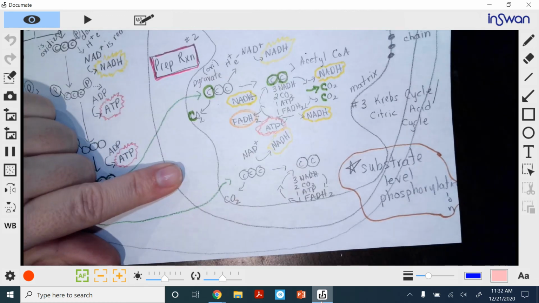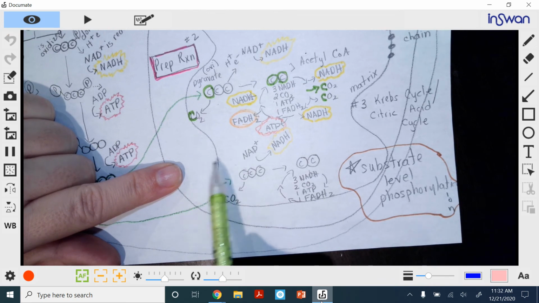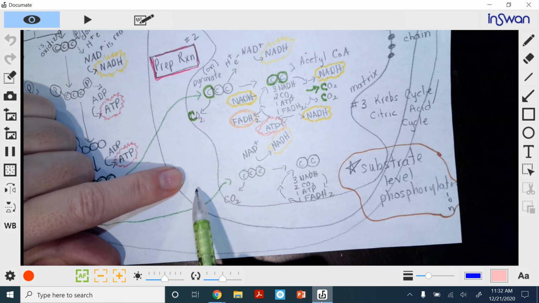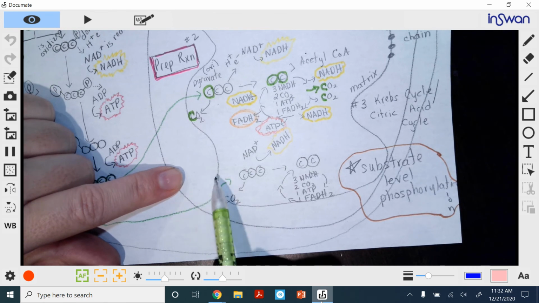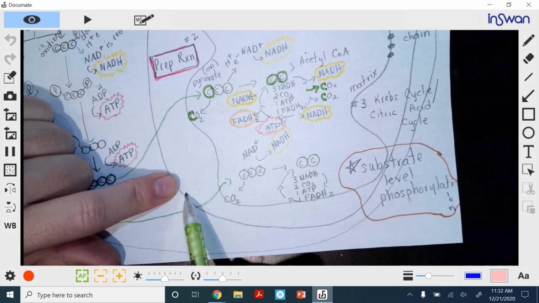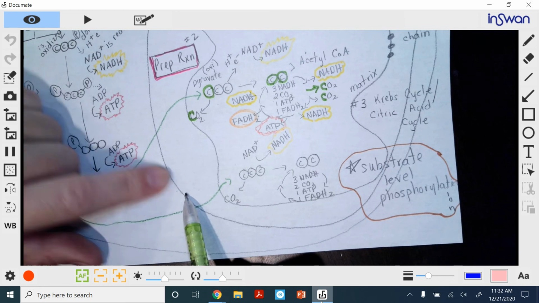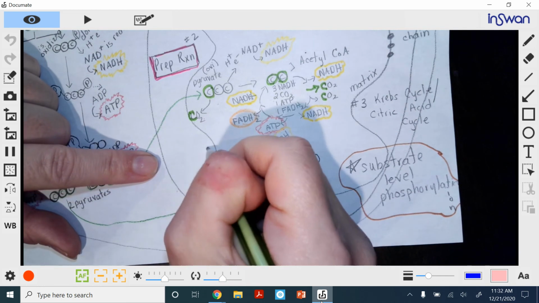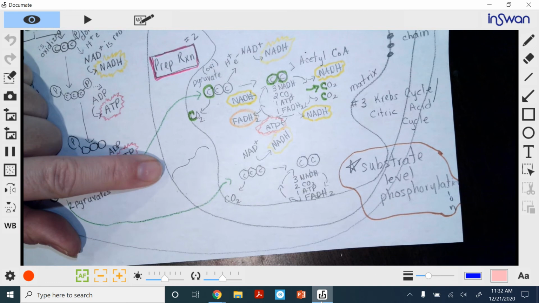So we talked about advantages of organelles, and we said that organelles provide compartments where we can concentrate and isolate molecules. And that's exactly what we got right here. We have a place where we can isolate and concentrate molecules. And if we do, we're going to get a lot of ATP. So this space is really important.